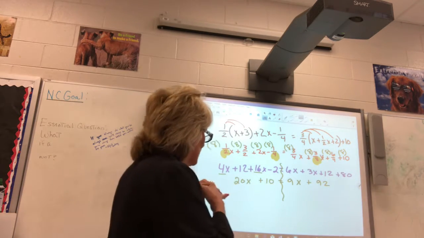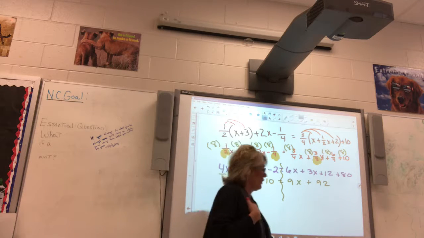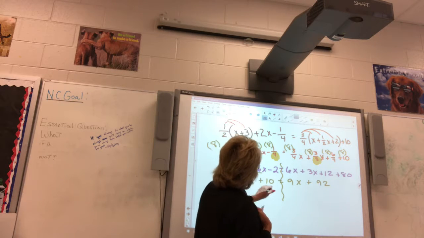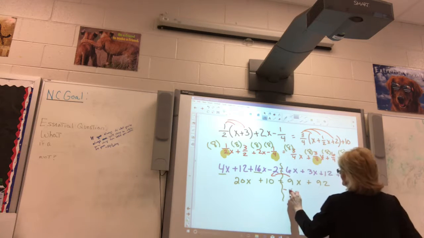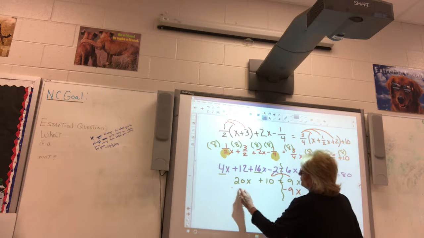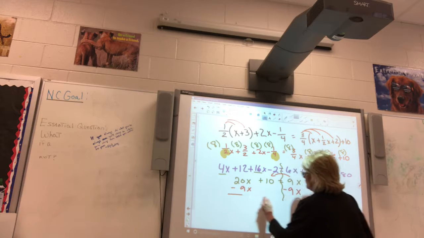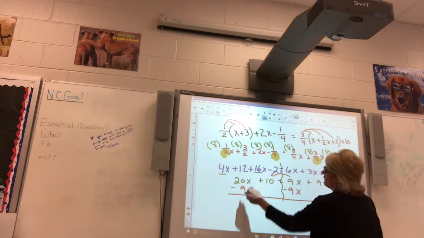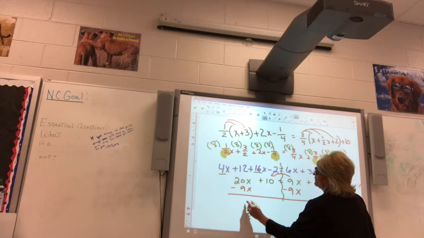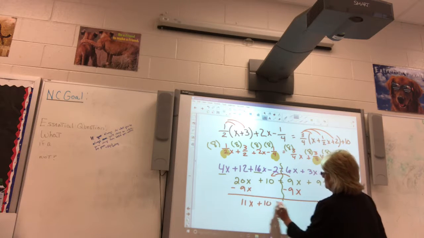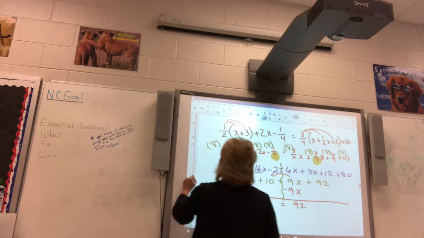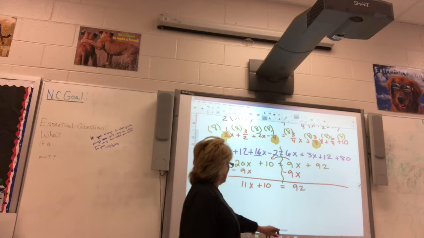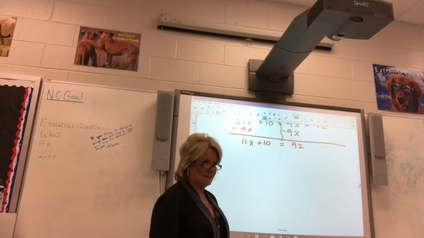Now I have to get all the variables on one side. I've already told you I like to move mine to the left. So that's got to go over there, and I do it by subtracting. 20 minus 9 is 11. All right. Now I have to undo any addition or subtraction that I might see.